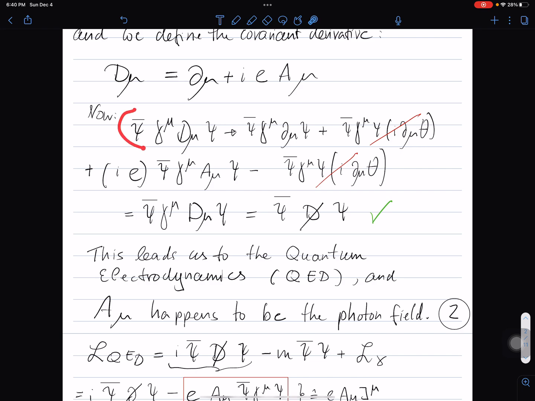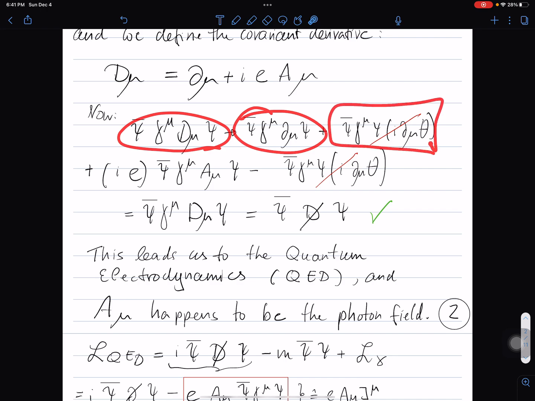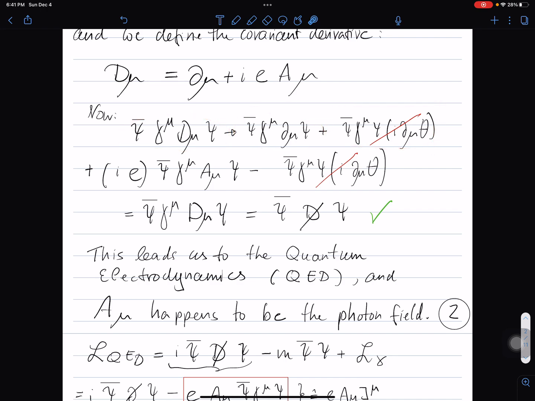Now let's see how this new term, psi bar D-slash psi, transforms. This is the expected term that we have seen. This is the term that we found comes from the derivative acting on the phase shift, which made our life difficult last time. And this is the combination where we have the A_mu field multiplying the psi bar gamma^mu psi combination.